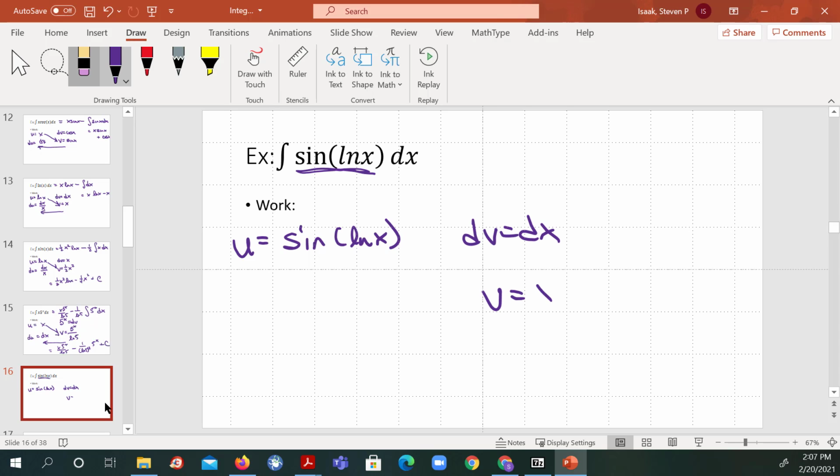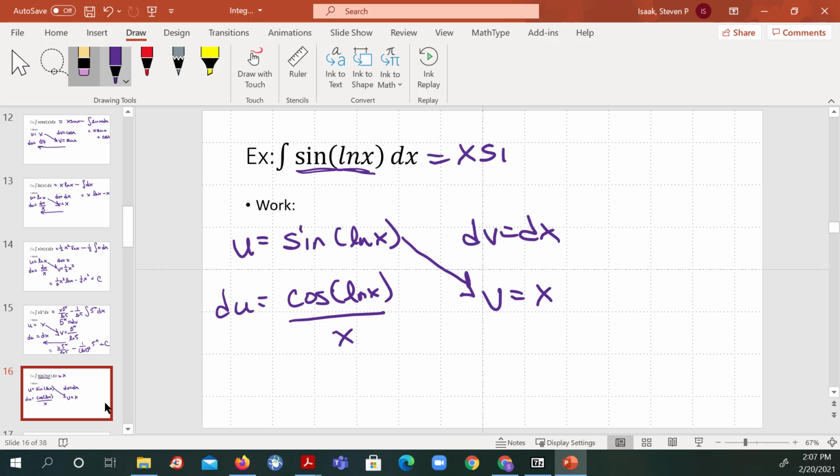So that antiderivative isn't bad. This derivative will be the cosine of the natural log of x, but the derivative of natural, oh, look at that. So when we go down, uv is x sine ln x, but this x times this 1 over x simplifies.